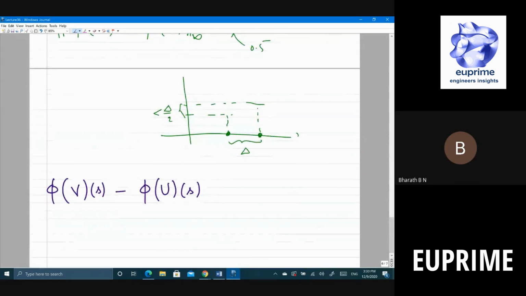Okay, so now let's look at this. What can you say about phi of v minus phi of u of s? Let me write an inequality and explain why.